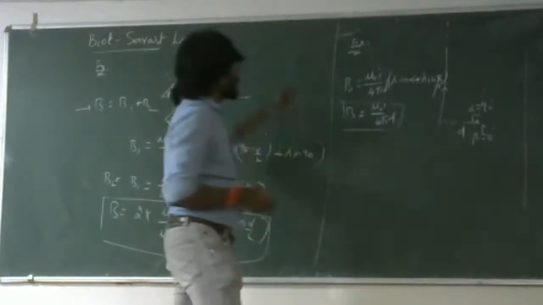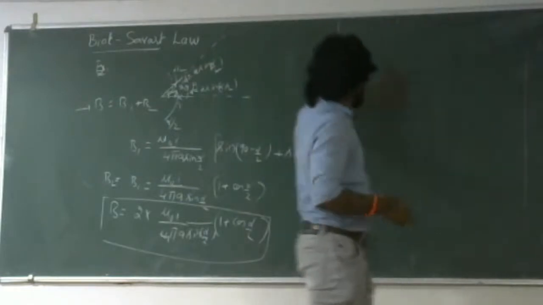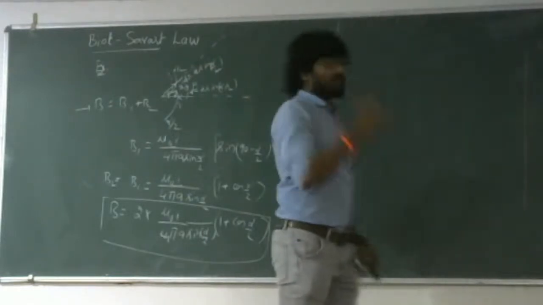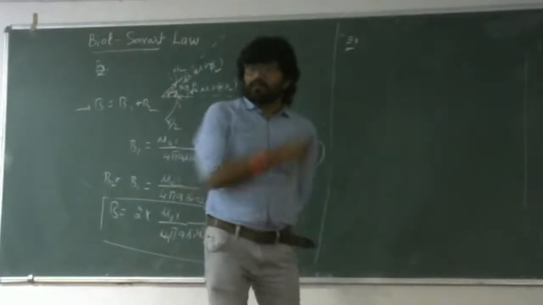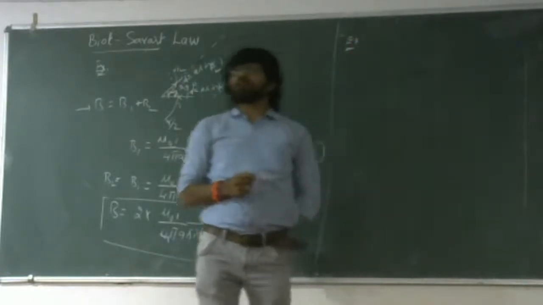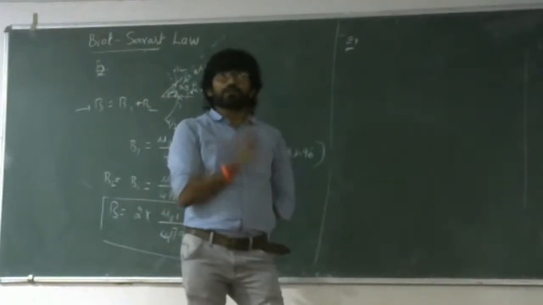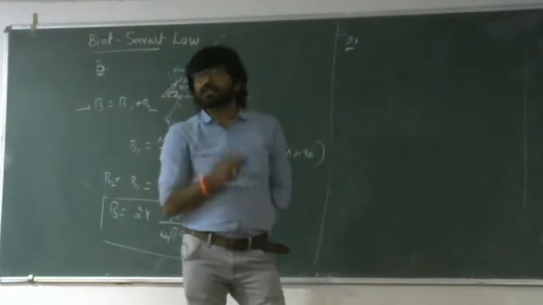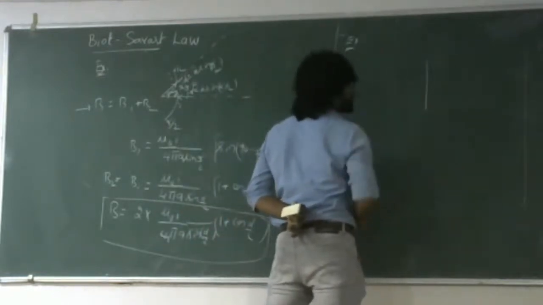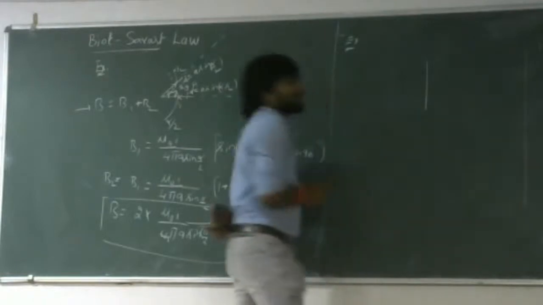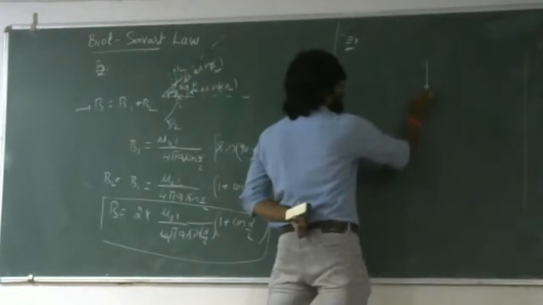Based on this, we need to have an idea of one more kind of question. Let us do one more example. Find the magnetic field at a point P due to the conductor shown in figure. So this is actually a finite conductor in which current I is flowing.